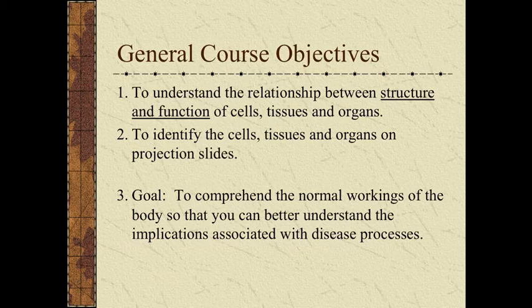Overall, each different topic within the course is going to have a set of objectives, in essence, study questions that you can use to figure out the important concepts involved with each topic.